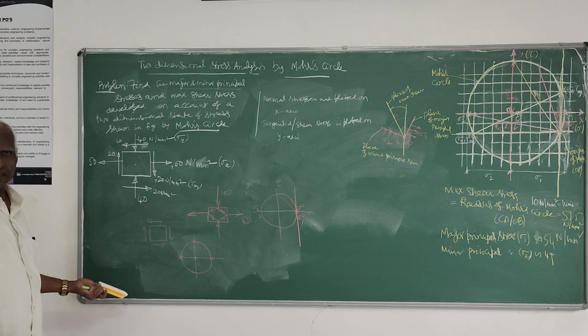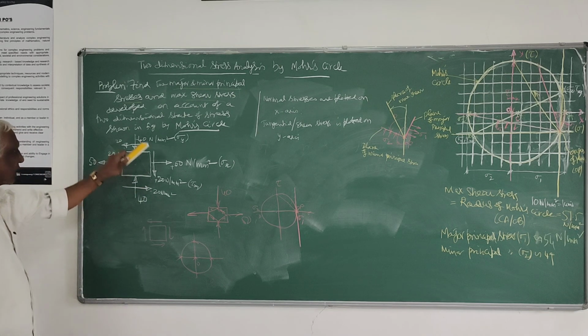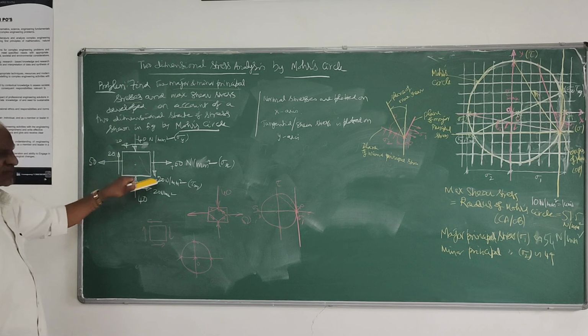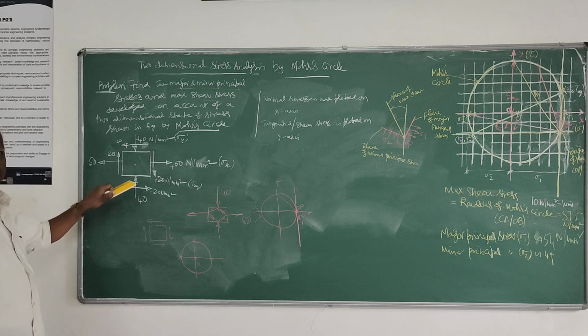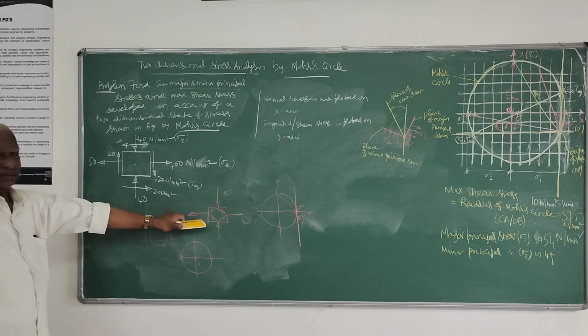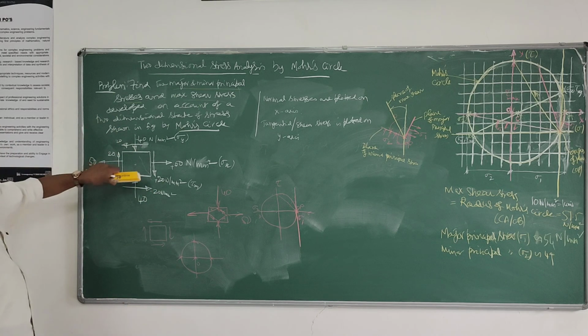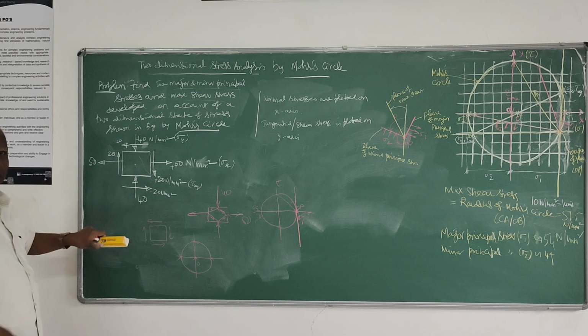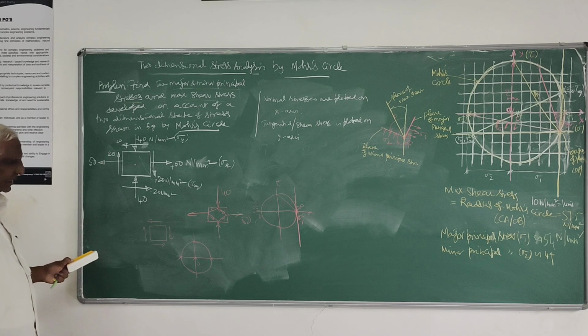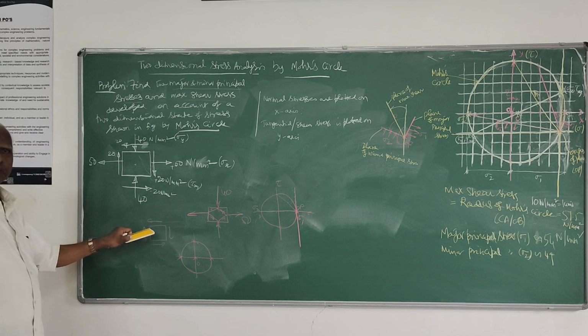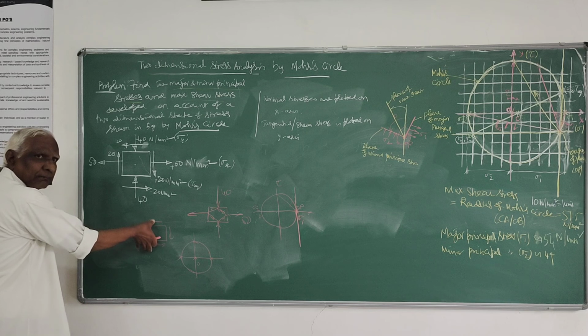So these are the types of problems you will get. State of stress, all compression or all tension, right? That is like this. Or with shear. Shear means one has to be positive, another has to be negative. Or only pure shear, because this is also in equilibrium.